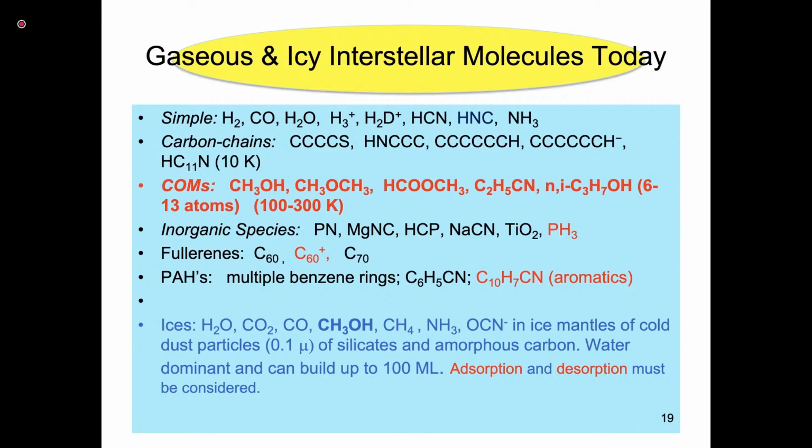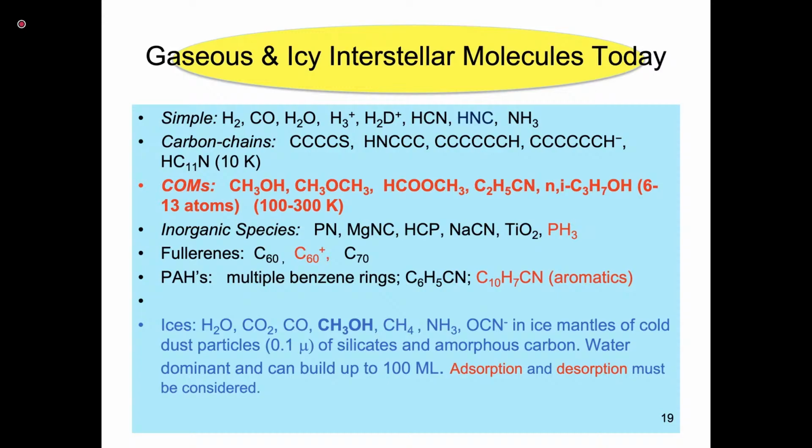These molecules were found in space after they were found in the laboratory. Then we have molecules called polycyclic aromatic hydrocarbons, which are multiple benzene rings. Benzene rings are just hexagons with lots of carbon and hydrogen. I'll show you pictures of those later.